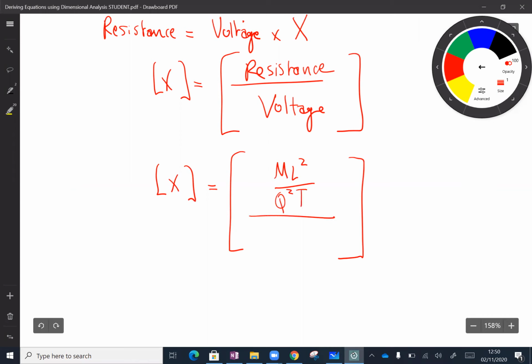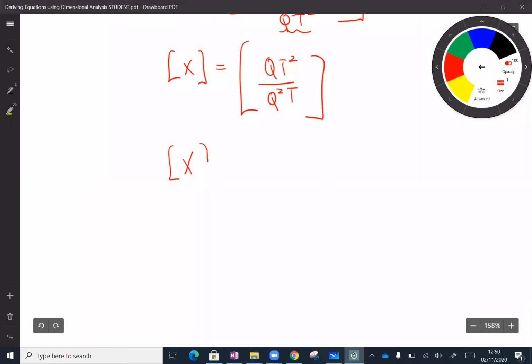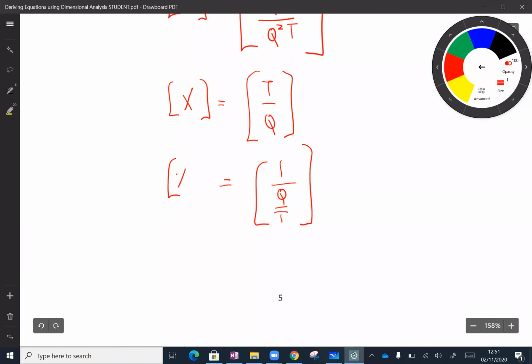Be careful with these because they're very similar. The ML squareds cancel, and this comes to the top, so it's QT squared over Q squared T. That cancels to T over Q, which is 1 over Q over T, and Q over T is current.